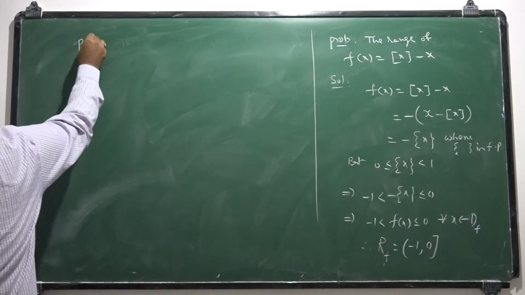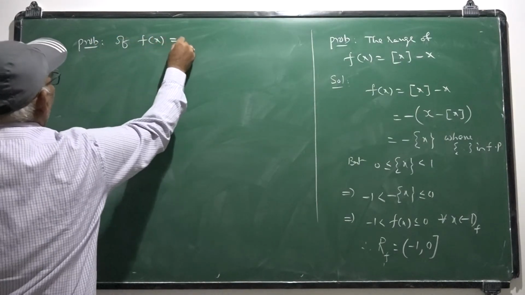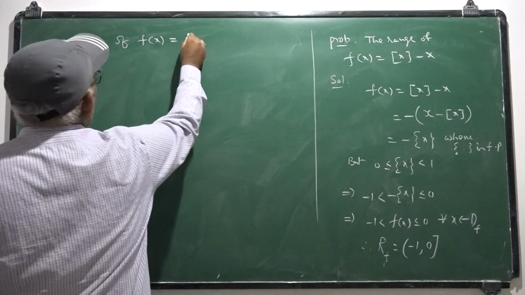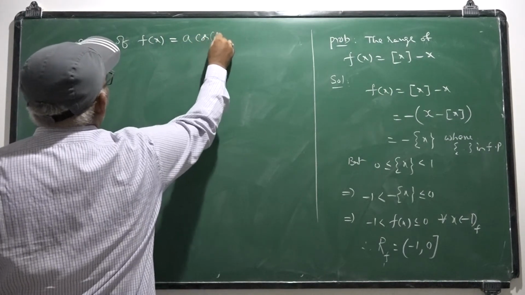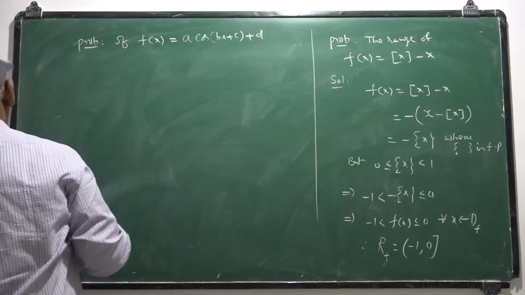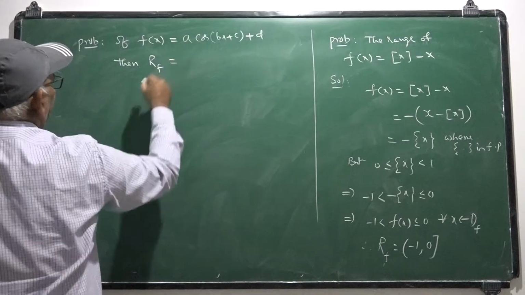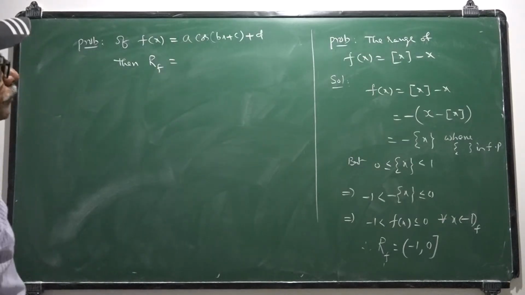Next, if f(x) equal to a cos of (bx plus c) plus d, then find the range of f.